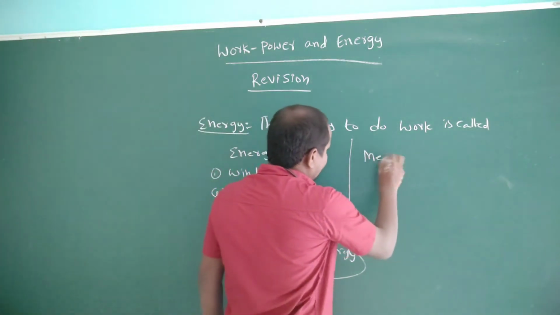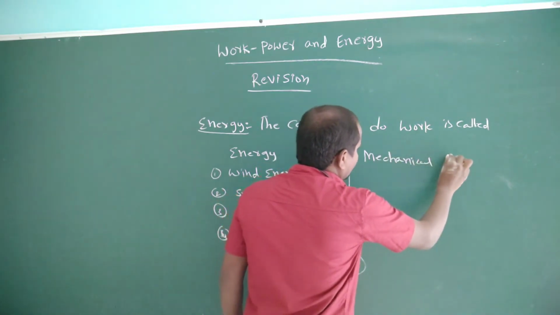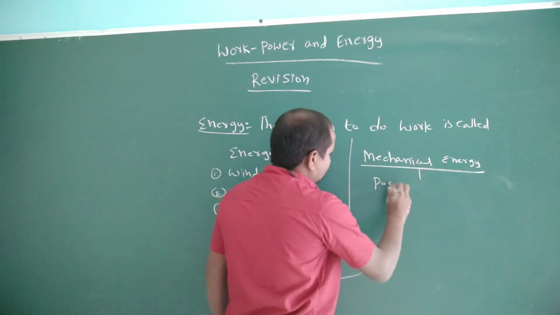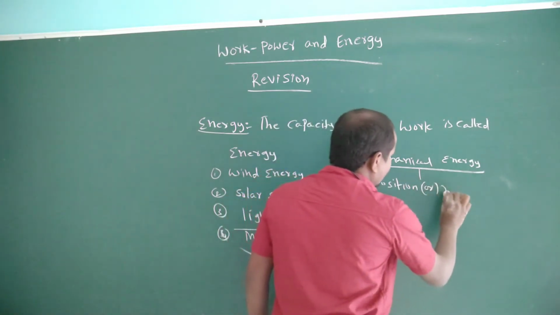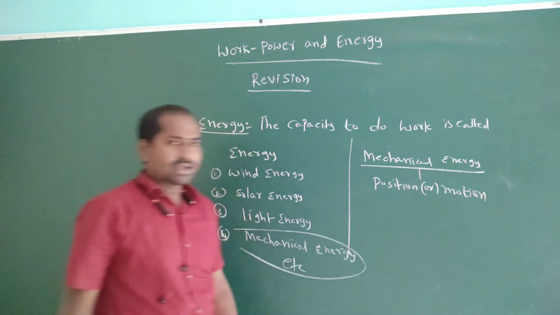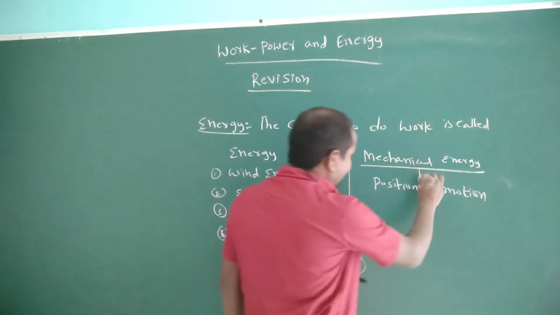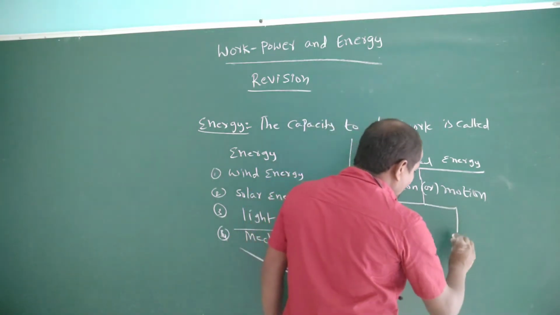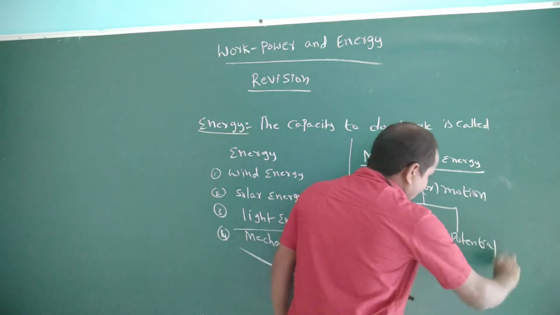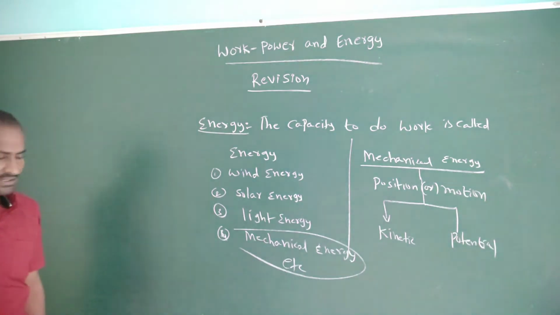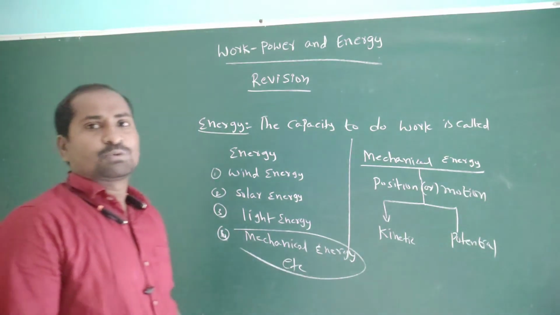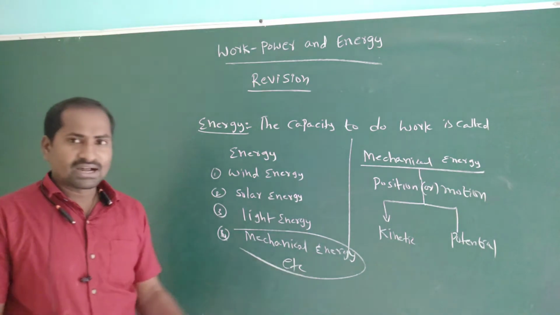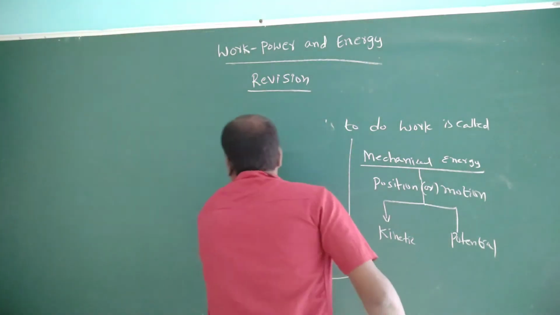Mechanical energy can be divided into two types: kinetic energy and potential energy. Kinetic energy means the energy possessed by a body on account of its motion.